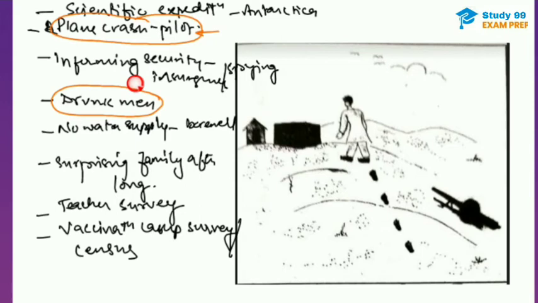Next, if you are writing the story about a scientific expedition in Antarctica, first of all, what will be the aim? What would the expedition be for? And if you are going on an expedition, it will be a very, very long drawn process.